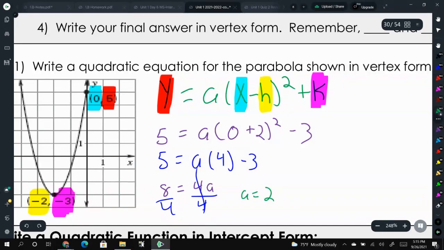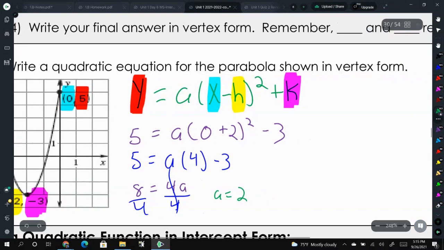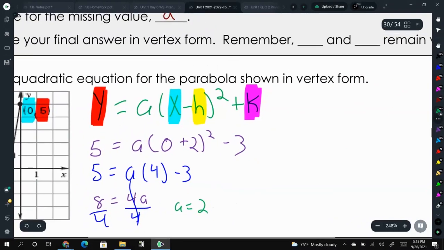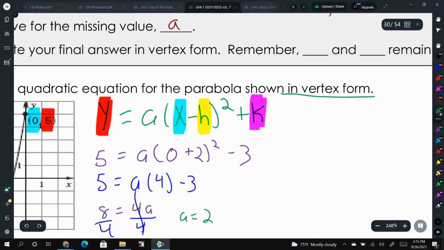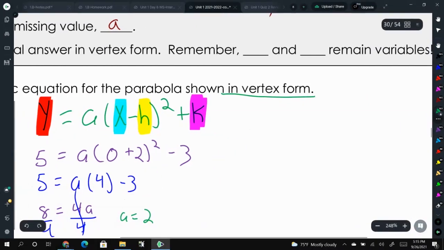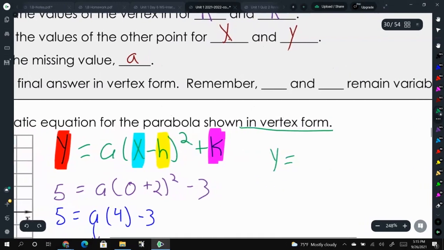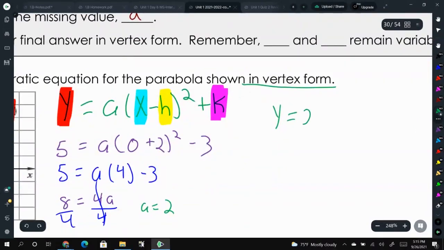Now, we are not done at this point. Yes, we found that missing a value, but remember, the problem is asking us to write this equation in vertex form. So now we have to go over here. y equals our a value that we calculated was 2.